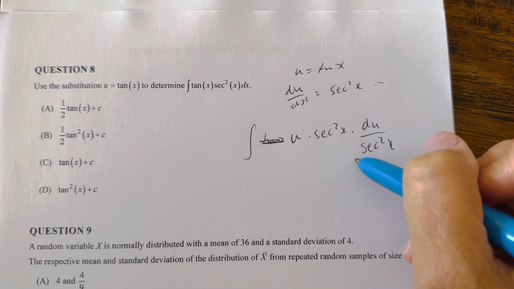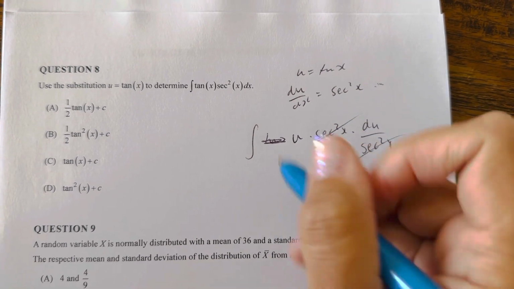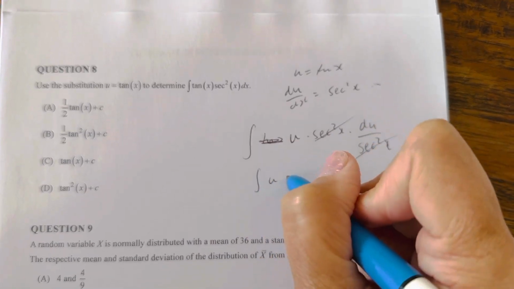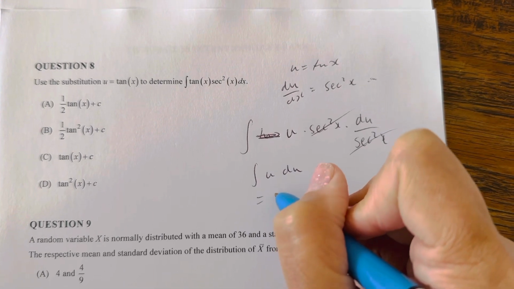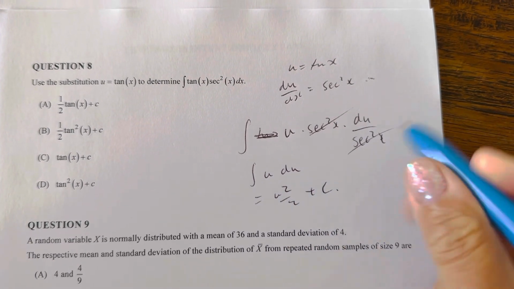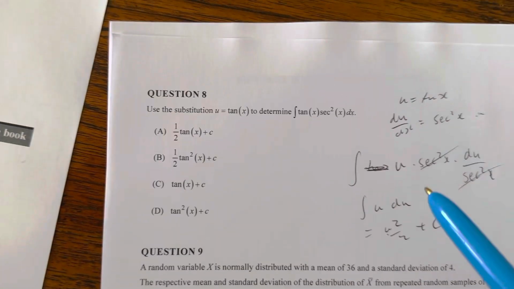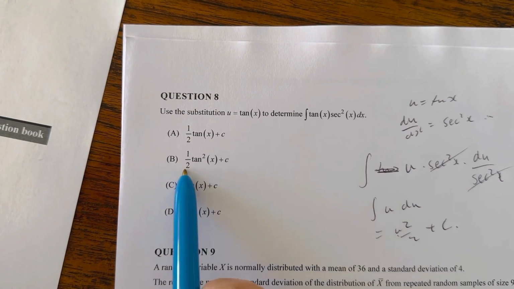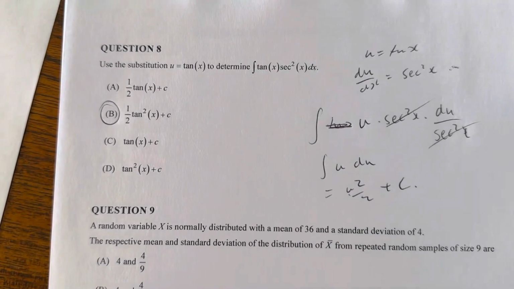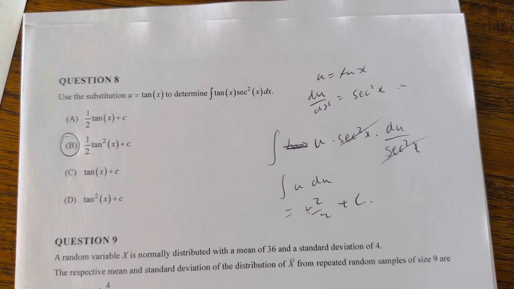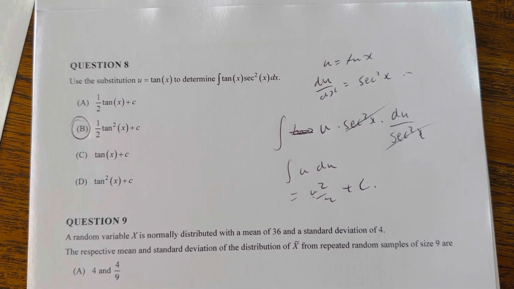Not the best setting out, but it is only multiple choice, so I don't need to worry about that. So that's integral of u du. That's going to be u squared on 2 plus c. U is tan, so that's going to be a half tan squared when we substitute back in for u. We'll get there.